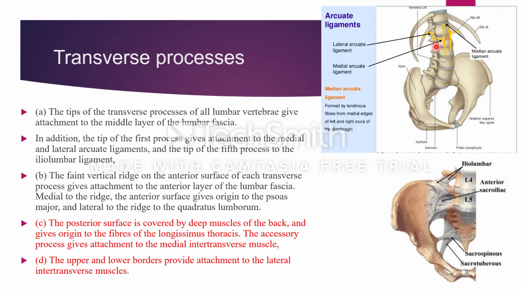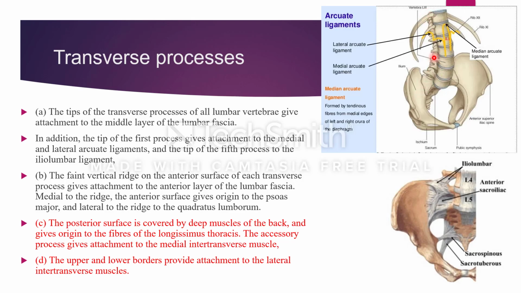And the tip of the fifth process will give attachment to the iliolumbar ligament. So these are some other attachments. The iliolumbar ligament is attached here, at the tip of the fifth lumbar vertebra. There is a faint vertical ridge on the anterior surface of each transverse process. The anterior surface will give attachment to the anterior layer of the lumbar fascia.